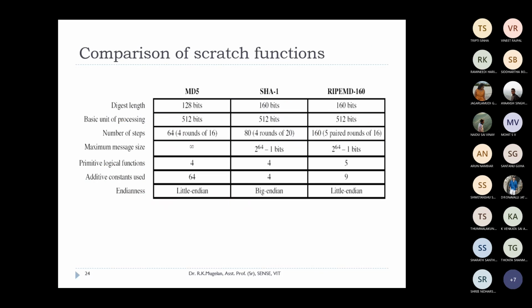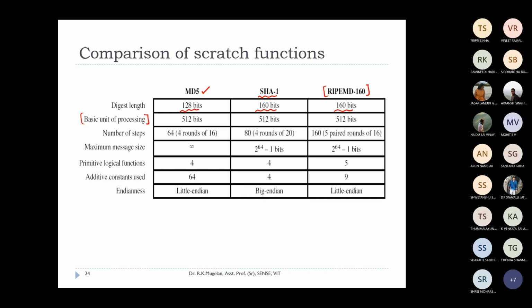If you see the comparison of the scratch functions, we have MD5, which is the latest message digest still in use, SHA's first variant SHA1, and RIPEMD. This is also another algorithm, but we won't be discussing it since it is not in our syllabus. Here you can see the digest length, or simply the hash value, for MD5 is 128 bits, and SHA1 is 160 bits.